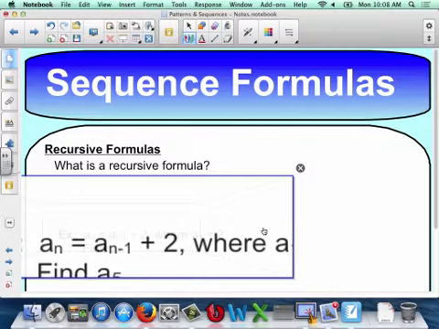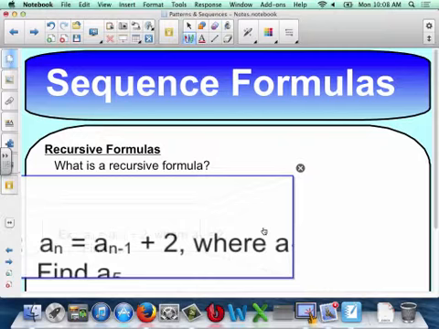A sub 9. So in this sequence, the previous term is just one less than the actual term itself. So anytime you see A sub n minus 1, you need to recognize that it's the previous term.